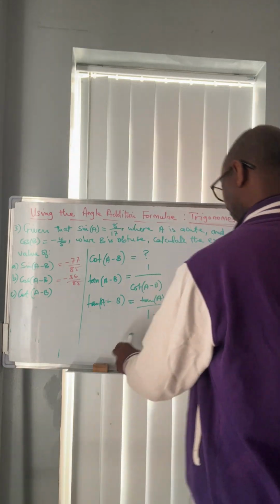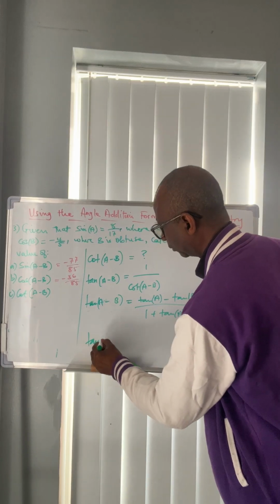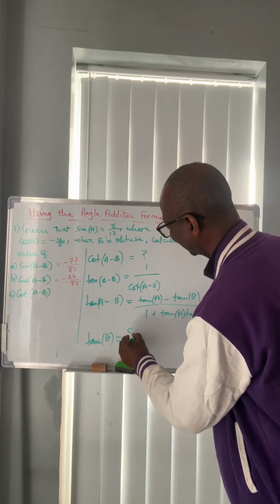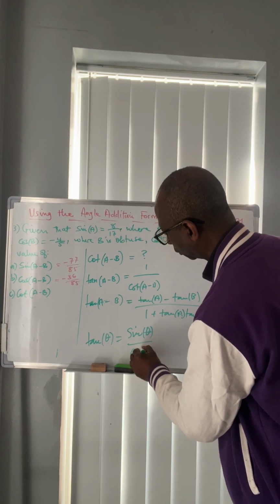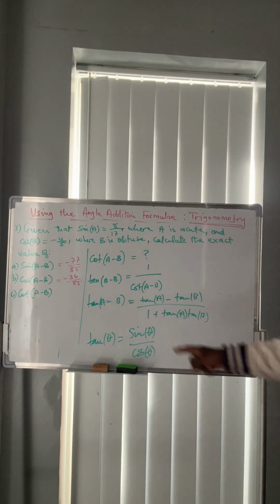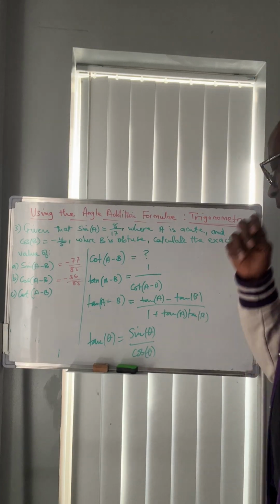Why? Because you know that the tangent of an angle, tan theta, is equal to the sine of theta all over the cosine of theta. You know this relationship. Tangent is sine over cos.